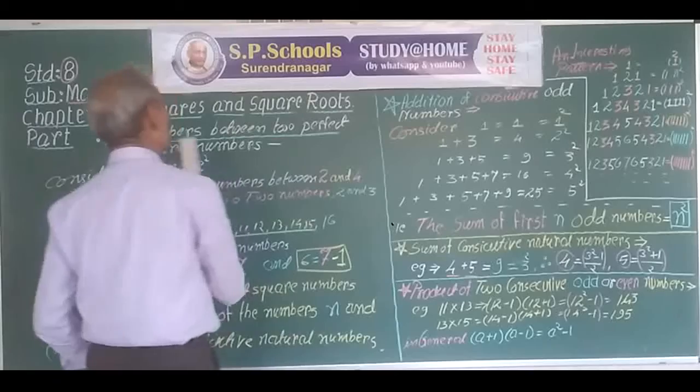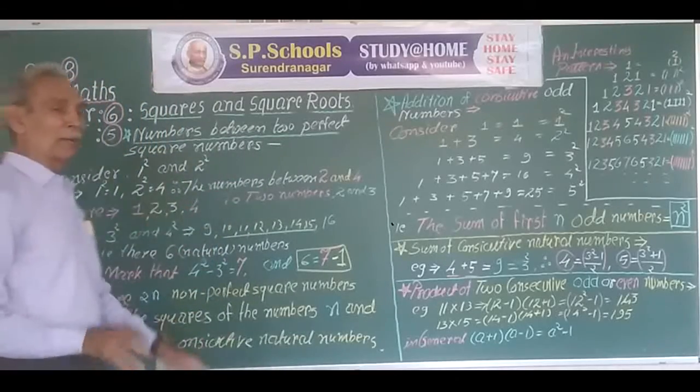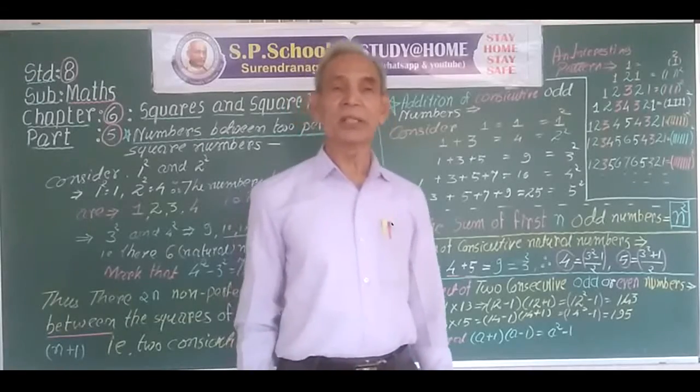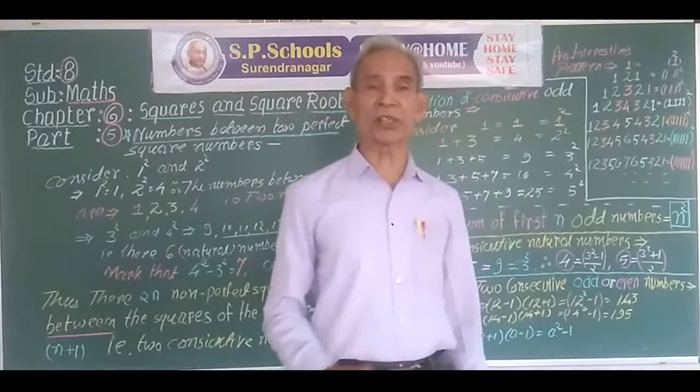So, numbers between two perfect square numbers are not perfect squares. Their roots are not integers.